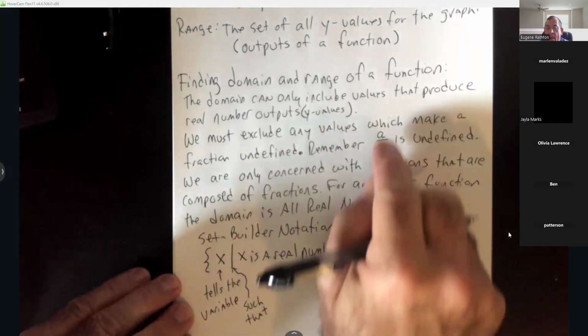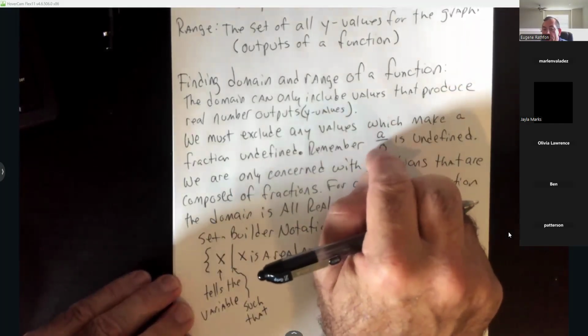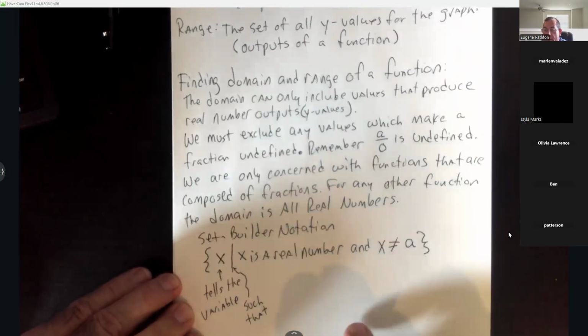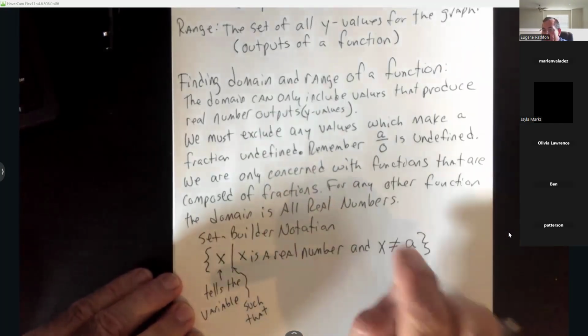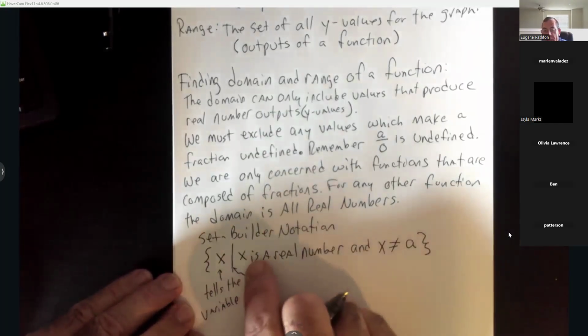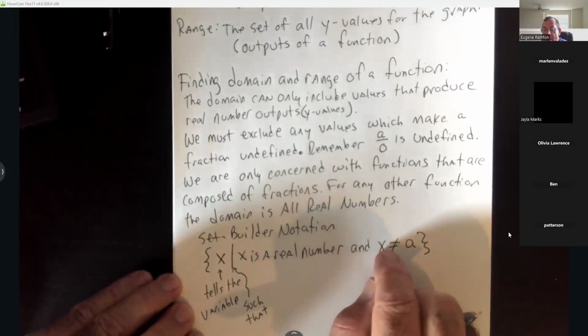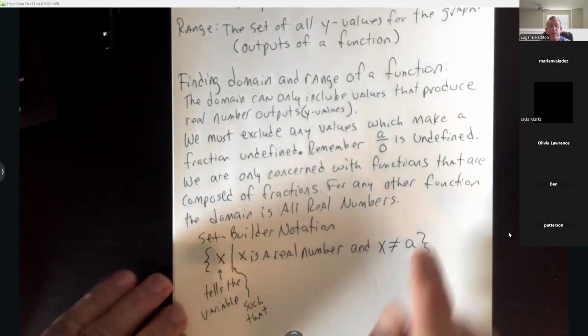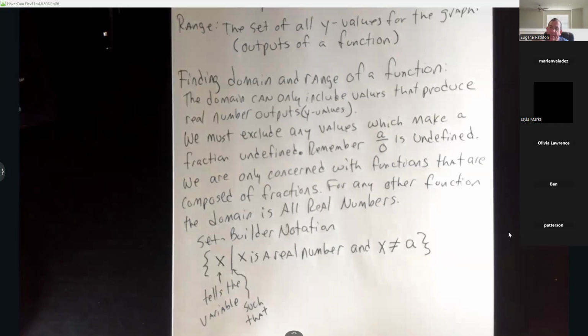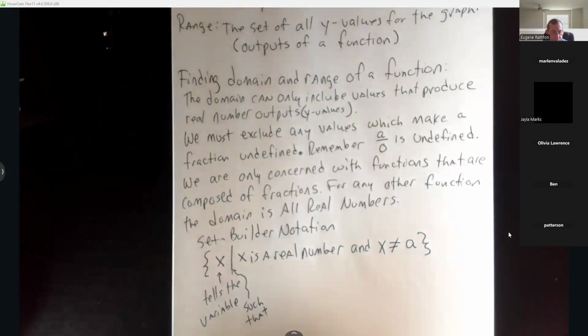So if I had a fraction with the zero on the bottom, I would say x is a real number and x cannot equal zero. So whatever number makes that denominator a zero, we're going to exclude, okay?